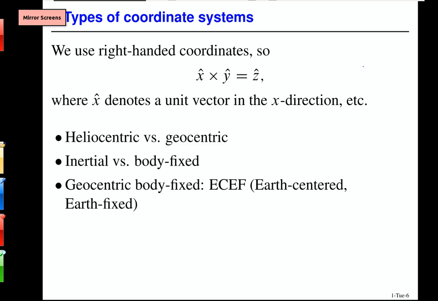If we had to express longitude, where we were east and west, if it were inertial, we'd have to say what time of day it was. Oh, well, we were at 90 degrees east at 10 o'clock yesterday morning. Okay, stupid. But if we're mapping the Earth, we want the locations with respect to Earth to be fixed. So that's when we would use body fixed coordinates.